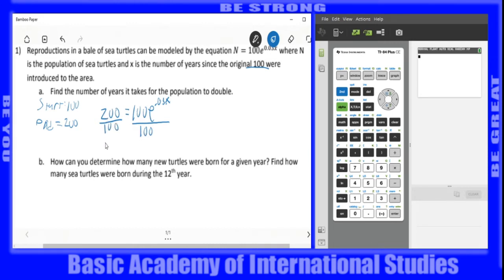So dividing by 100 on both sides, we have 2 equals e to the power of 0.03x. Now at this point we need to get rid of this e. This right here is an exponential with base e, and so we need to do the opposite. And what is the opposite of e? That'd be the natural log.